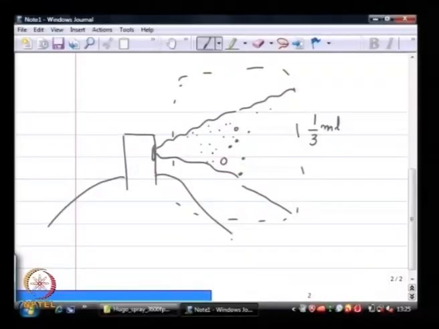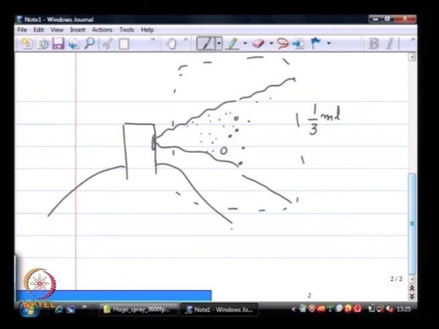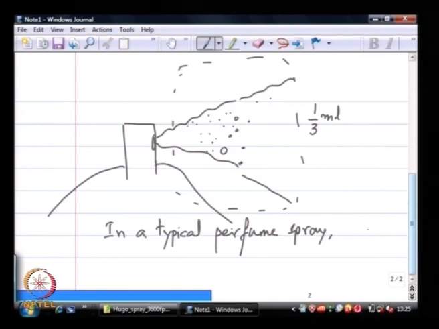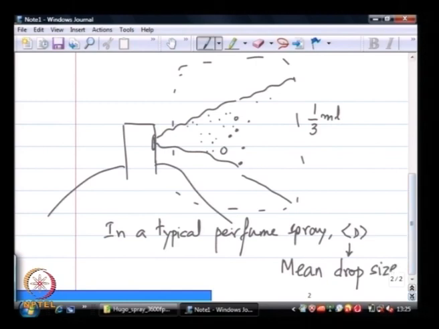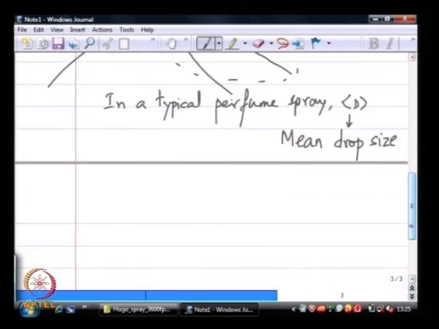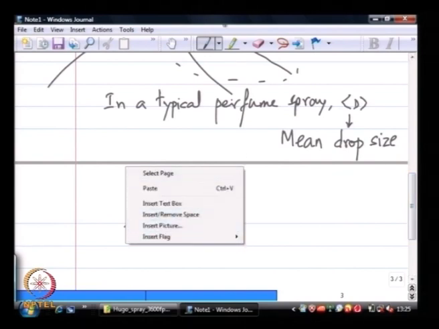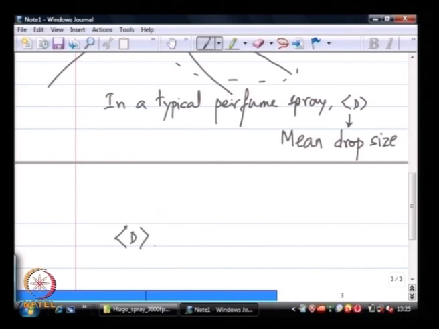Now, in a typical spray, we will come to see this towards the end in a lot more detail, but in a typical spray, say such as a perfume, the mean drop size is on the order of, let us say, 50 micrometers.